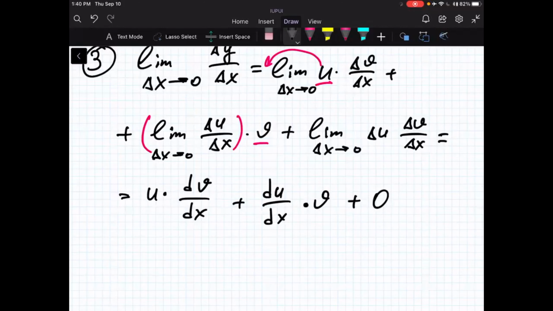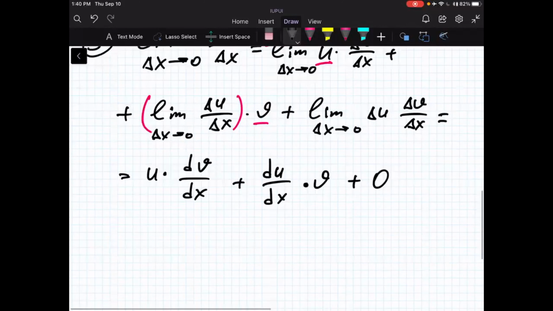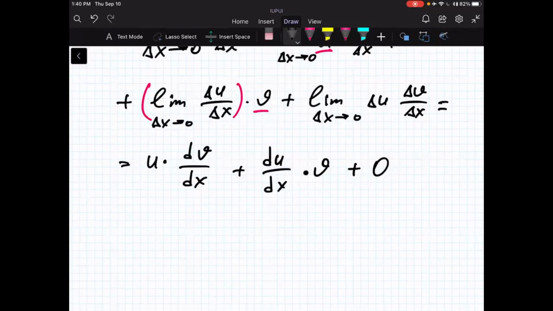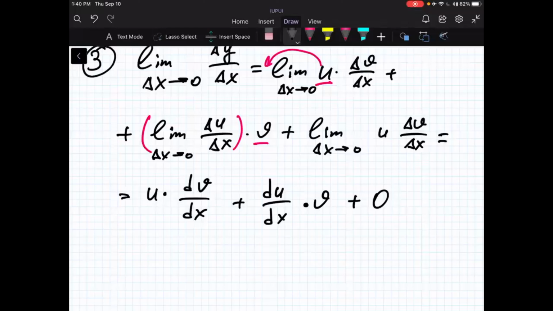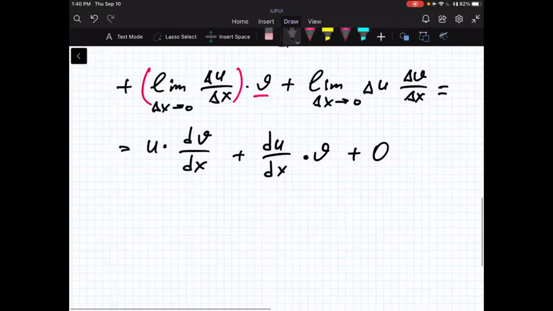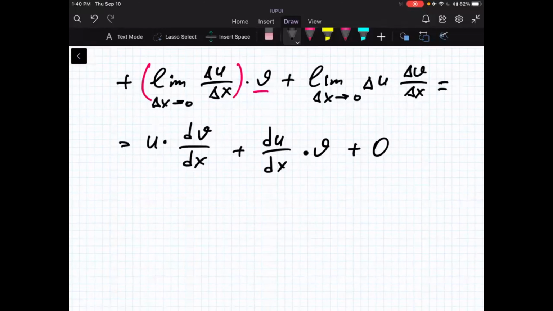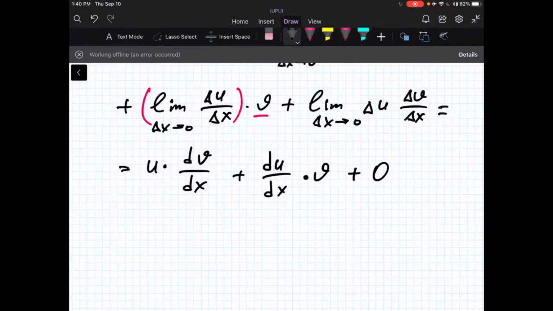And how to show that? So let's see. Basically, in some sense, why it's going to be 0, because you have two deltas in the numerator and just one delta in the denominator. So it's not rigorous again, but in some sense, this is true. So what is delta u? Delta u is u of x plus delta x minus u of x, right?